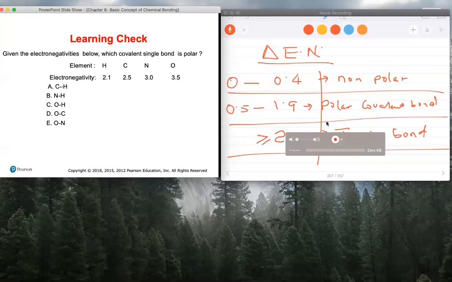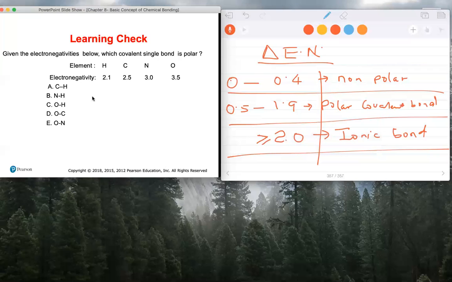It is with understanding of this table that we do the difference.